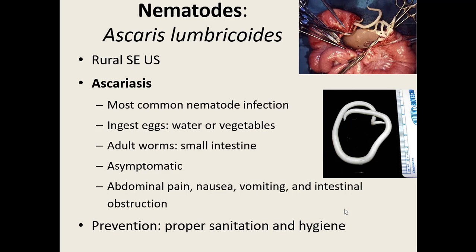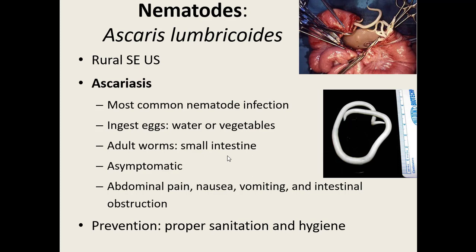So the easiest way to get from the lungs to the small intestine, and it's not burrowing, is when you cough and swallow. So if you cough them up, they end up at the back of your throat, and then you swallow them back down, and they end up in the intestinal tract. So, next time you swallow and it feels a little chunky, there might be something more to it, especially if you've traveled.